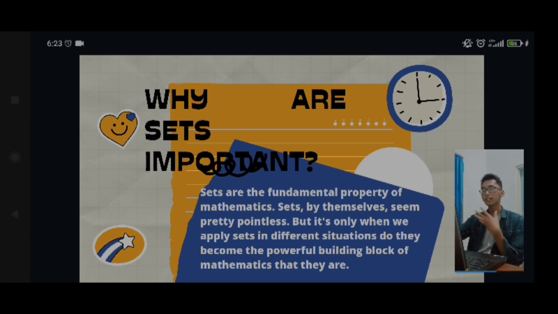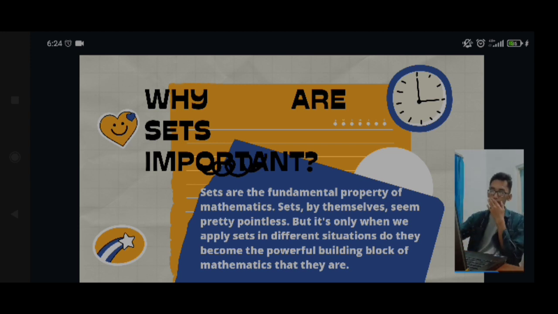So that's why we learn sets, because if we learn sets, we can know that there are real numbers that can be worked with in calculus. But if we don't work with real numbers, or we just work with imaginary numbers because we don't learn about sets, the calculus cannot work because there are some rules like that.